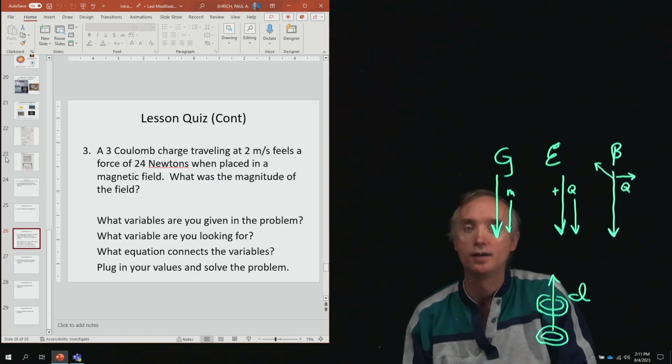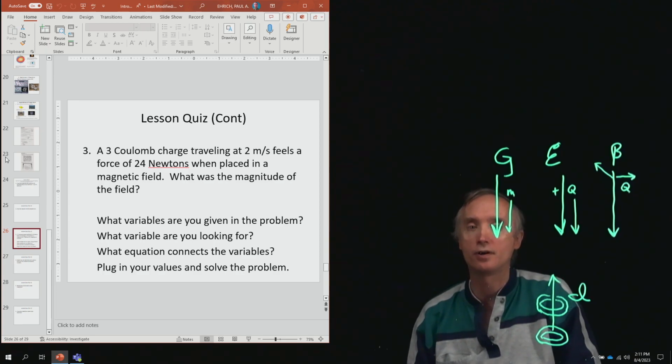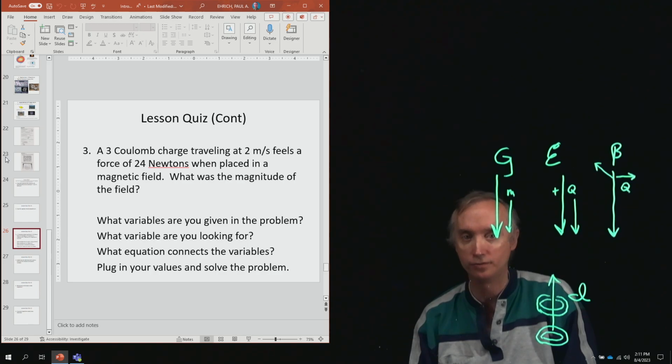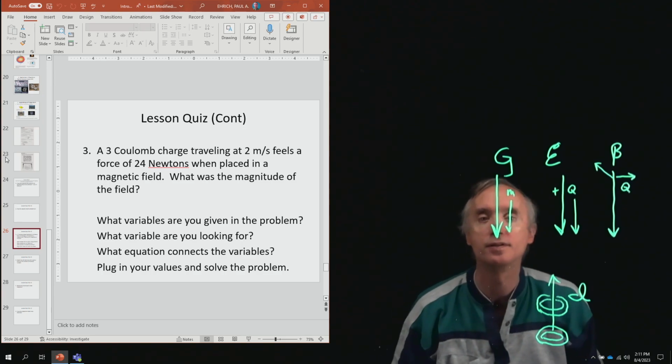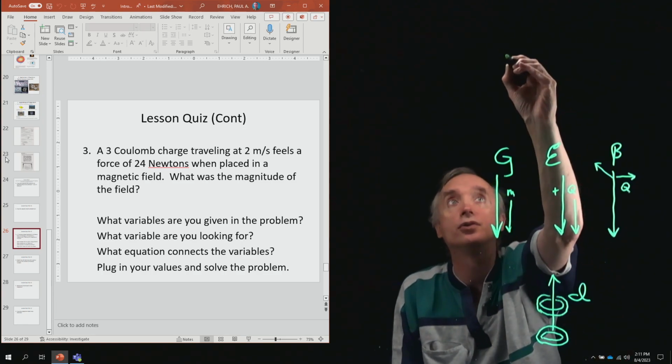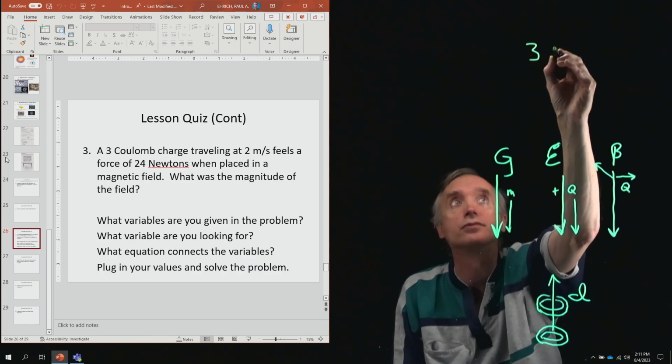Question number 3. A 3 Coulomb charge traveling at 2 meters per second feels a force of 24 newtons when placed into a magnetic field. What was the magnitude of the magnetic field? So what variables are you given in the problem? It says a 3 Coulomb charge.